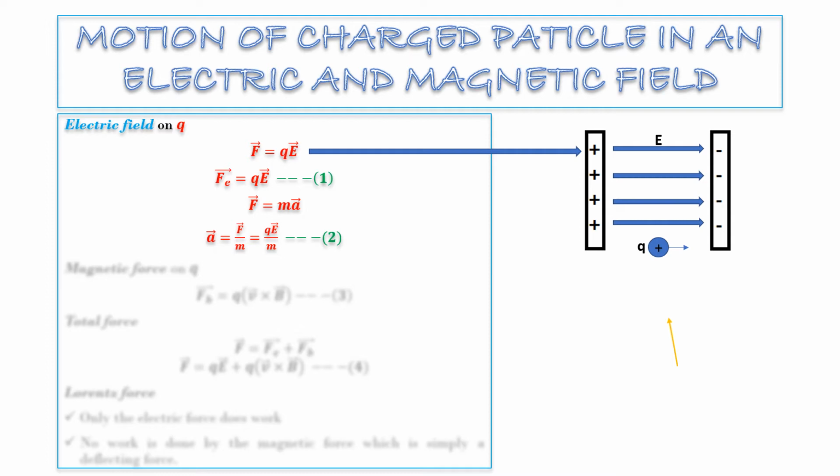We already know F equal to QE, so we substitute F equal to QE. So we get acceleration a vector equal to QE vector divided by m. This is equation number 2. Both the force and the electric field and acceleration are vectors.